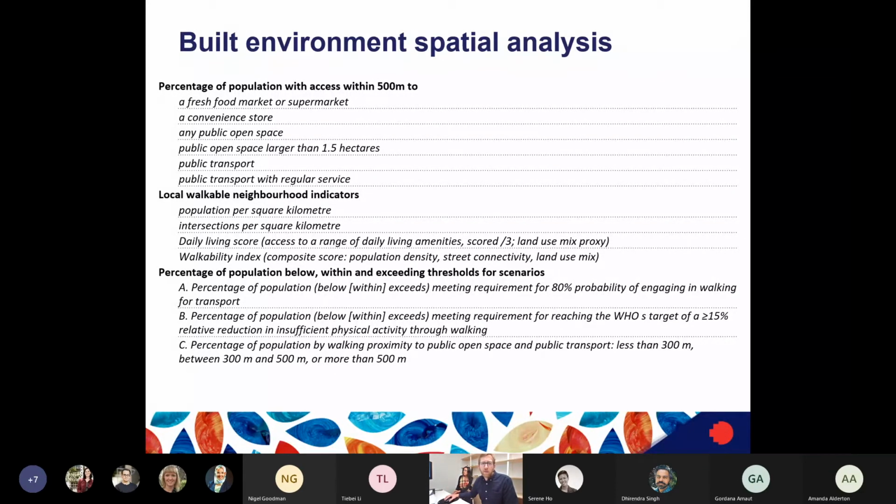And then we work with model thresholds for meeting various population health scenarios that have been developed by a program of work led by Esther Seren through the IPEN network studies, to see the percentage of population who are meeting these various requirements for physical activity levels and to have impacts on health. So that's a summary of the kind of program of work.